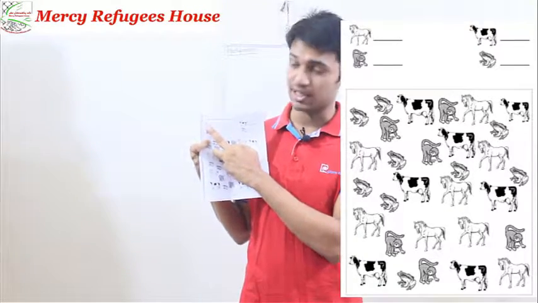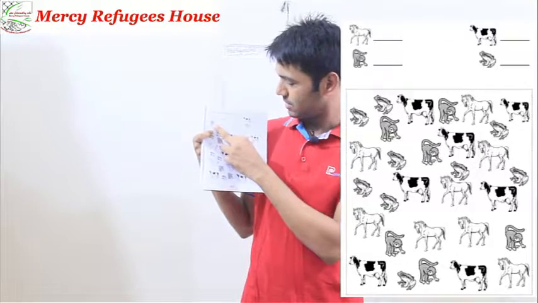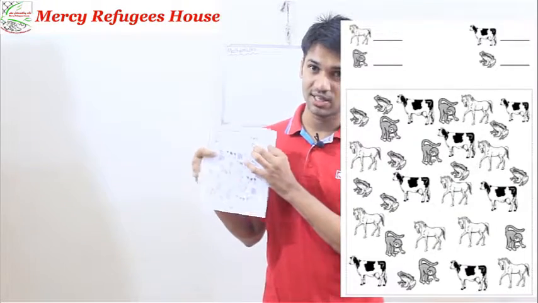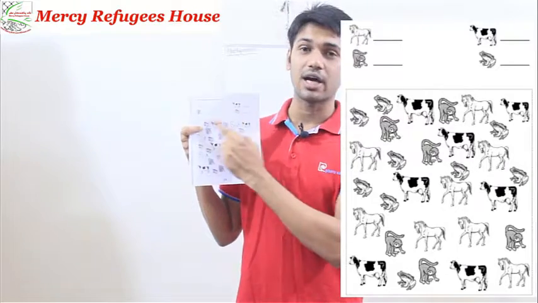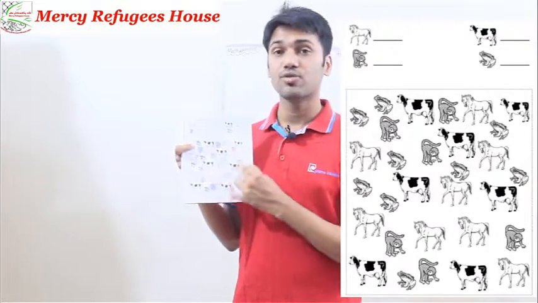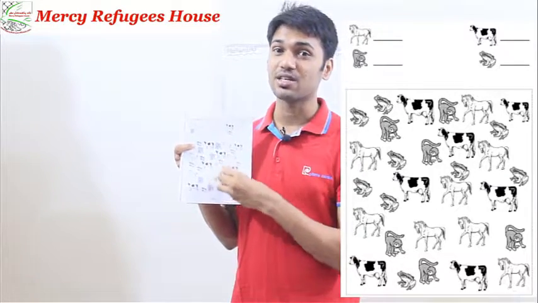Okay. The next exercise is showing 4 different types of things. Can you see? These are horses. Then you can see these are monkeys. Then these are cows, and these are frogs, right? In this box there are these 4 types of animals. Now you ask the student to find out how many pictures of these animals are here.